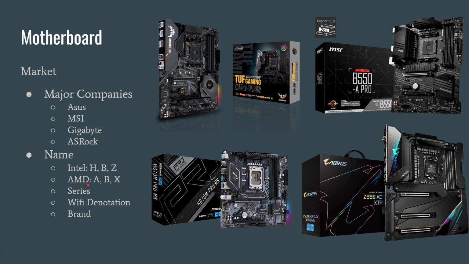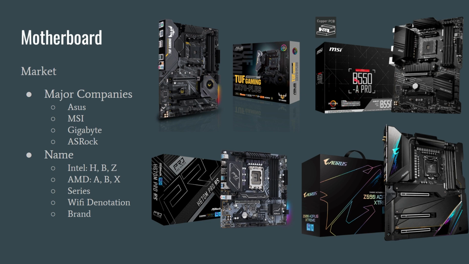And then for AMD, there's A, B, and X. A is consumer or home, B is also mid-range, and X is extreme or max performance. So you can see here this is an AMD motherboard, and it's X here, X570. Here's an MSI motherboard, also AMD.